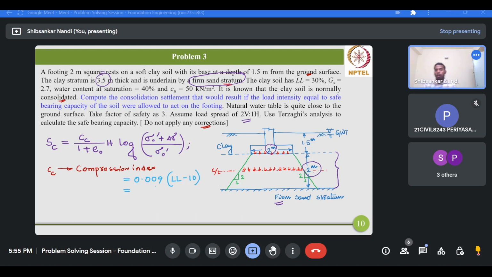This is used for calculating the compression index when the void ratio versus effective stress data is not available. For this problem, the liquid limit is 30%, so 0.009 times (30 minus 10) gives you the compression index as 0.18.